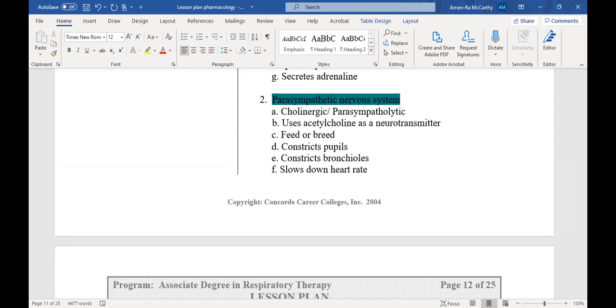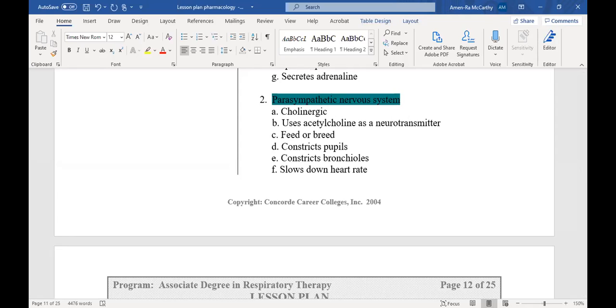Parasympatholytic. Okay, it's parasympatholytic. Well, no, don't write that yet because I don't want to confuse you. The parasympathetic side is the cholinergic side, okay? Parasympathetic, AKA cholinergic. That's what you need to know for parasympathetic because you're going to see this is what we don't want to happen, okay? And so you'll see why I erase that in a minute.